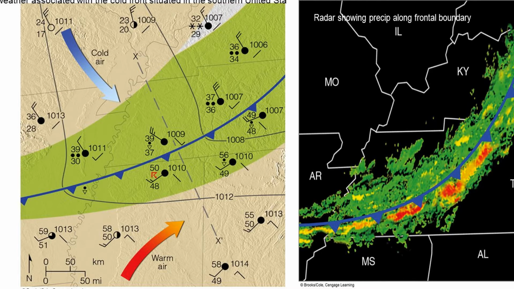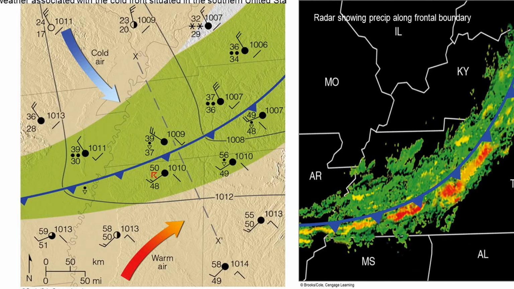The station model used to represent the data at each reporting station is a simplified one that shows temperature, dew point temperature, present weather, cloud cover, sea level pressure, and also wind direction and wind speed.